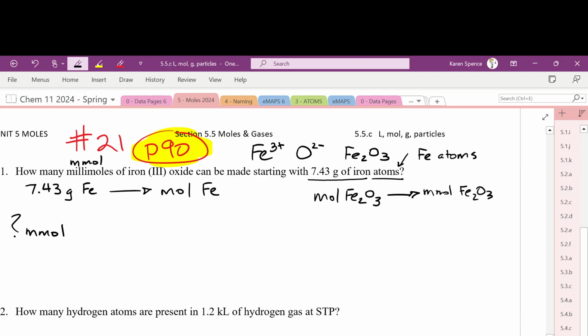So I'm trying to connect the front with the end. Do we know a conversion factor that converts between moles and moles? Particle ratio. Sorry, mole ratio. And the mole ratio is the same as the particle ratio.